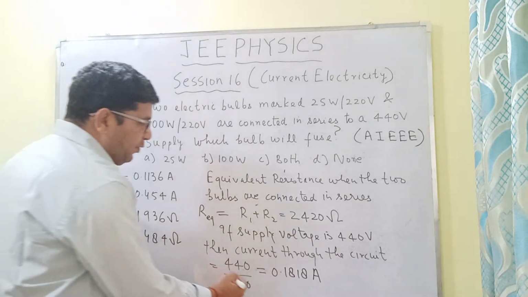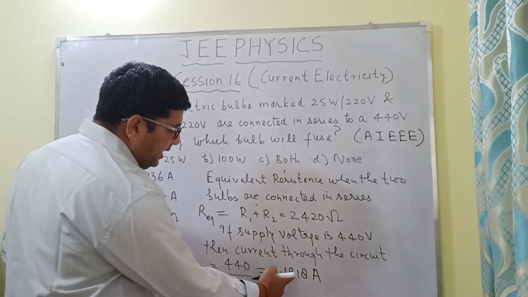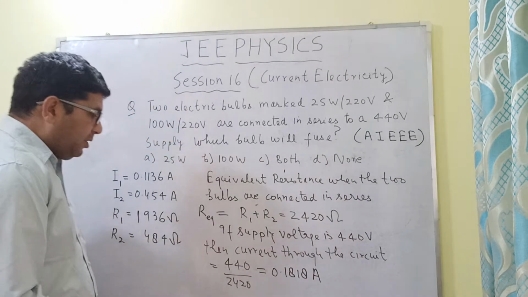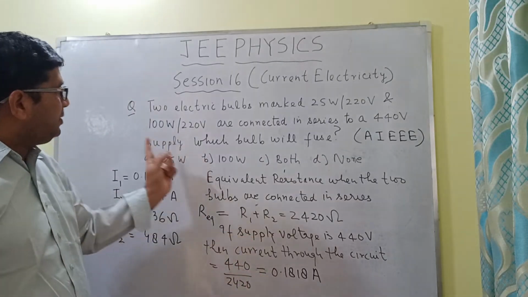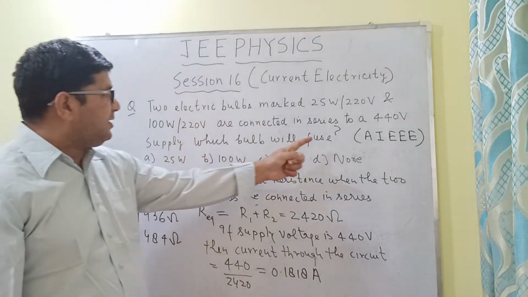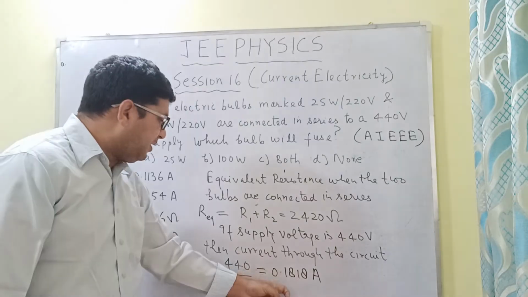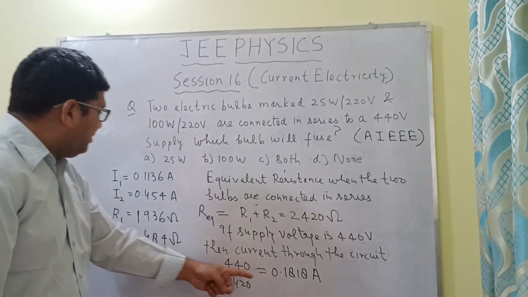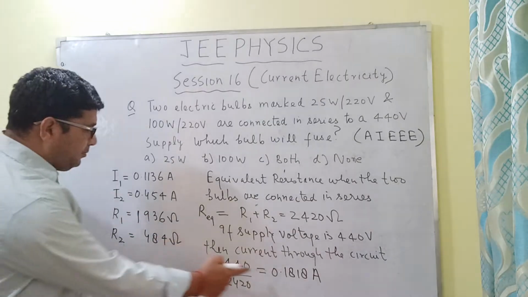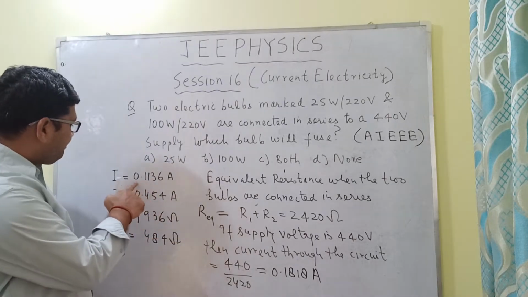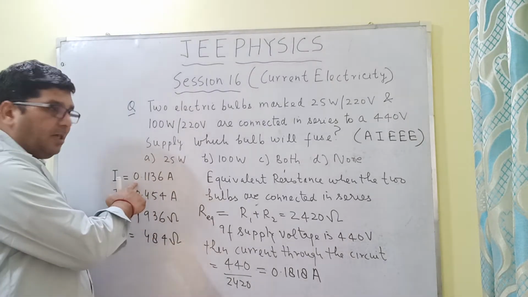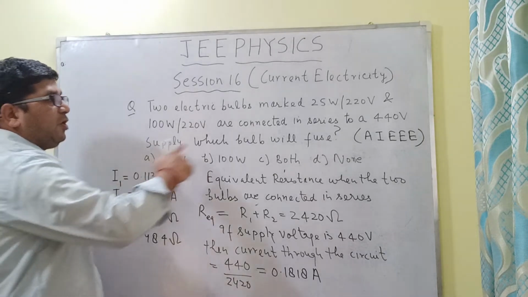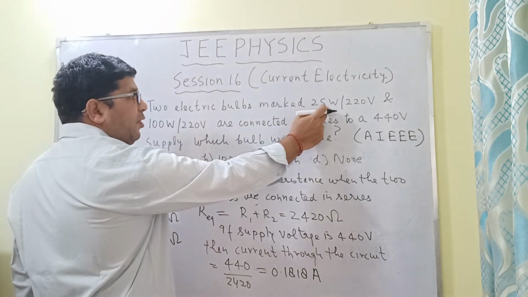Now the current which is flowing in the circuit is 0.1818 ampere. So this current which is flowing in the circuit, when both these two bulbs are connected in series to a 440 volt supply, is more than the maximum allowable current in the case of a 25 watt bulb.